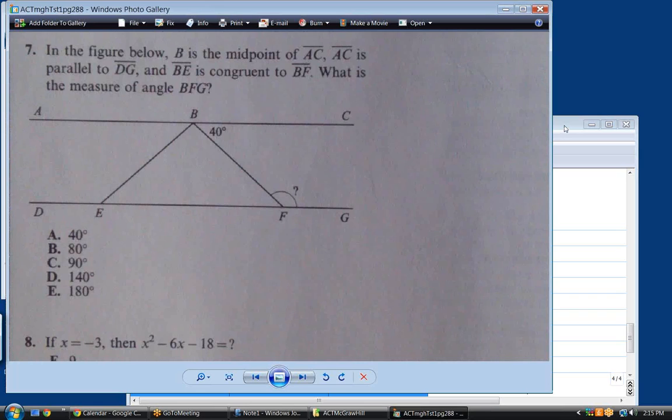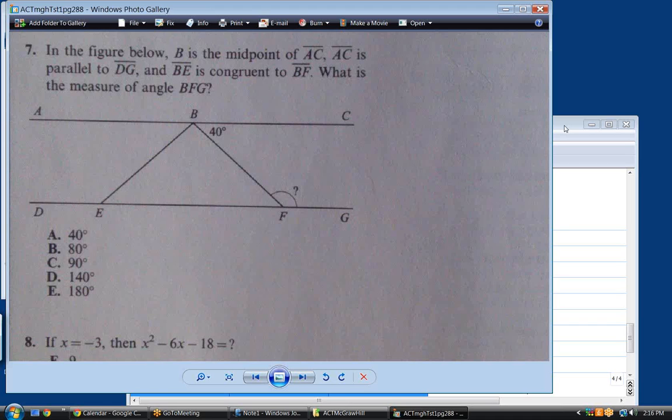All right, 7. Mm-hmm. All right, so for 7, it's going to be 180 minus 40.